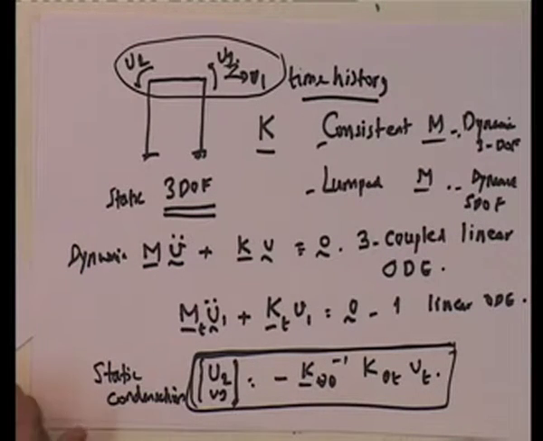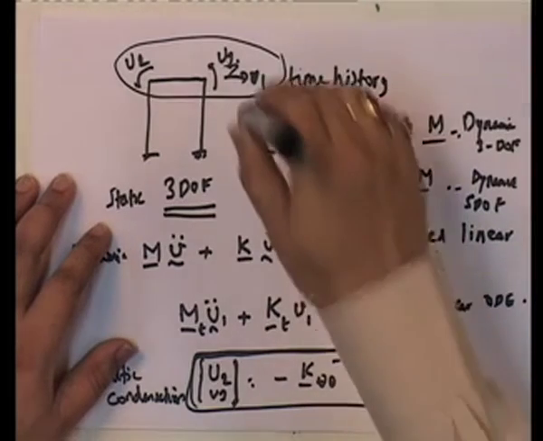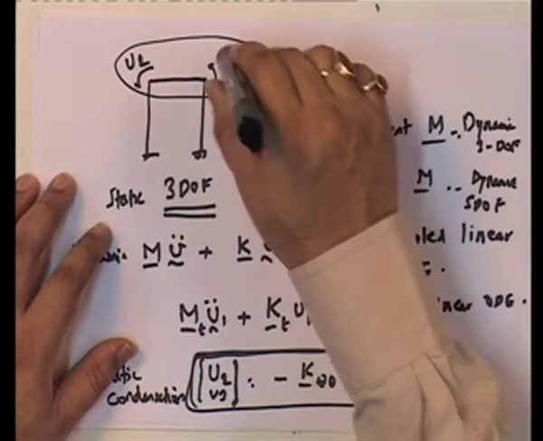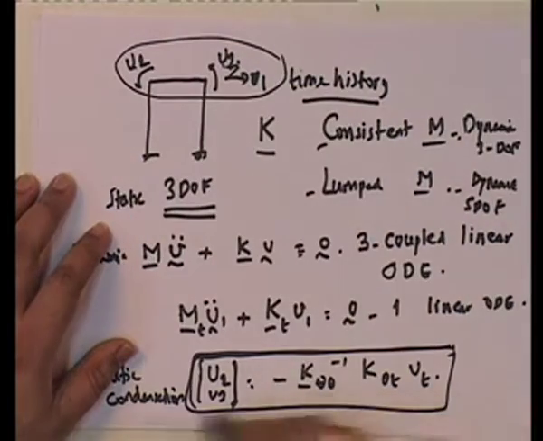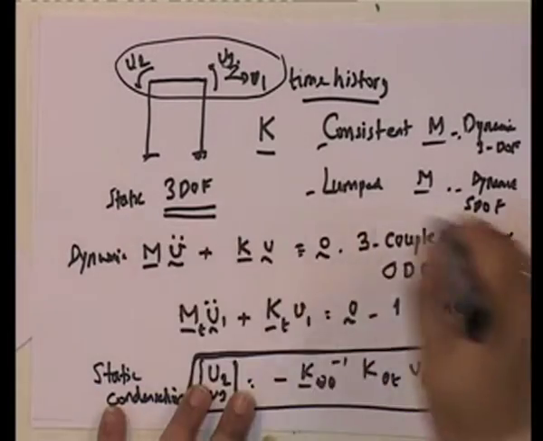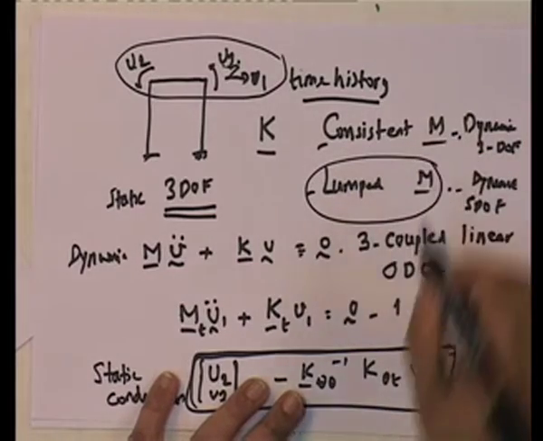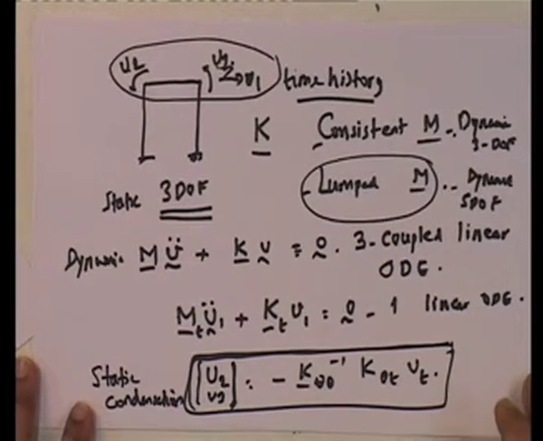The only thing is that you only dynamically solve for this, and these two then become just a pseudostatic relationship rather than a dynamic relationship. So, that is why the lumped mass formulation is a preferred formulation to the consistent mass formulation.